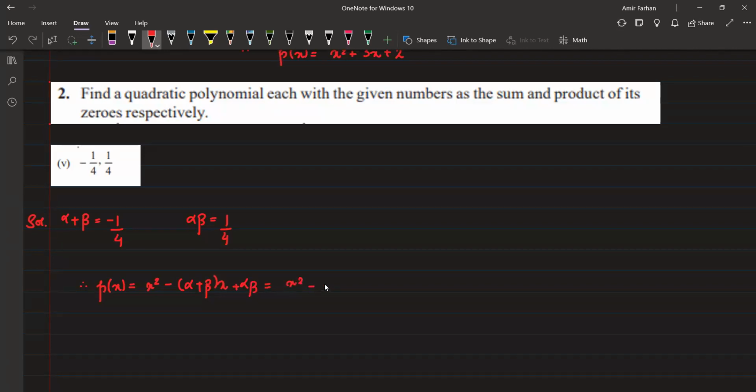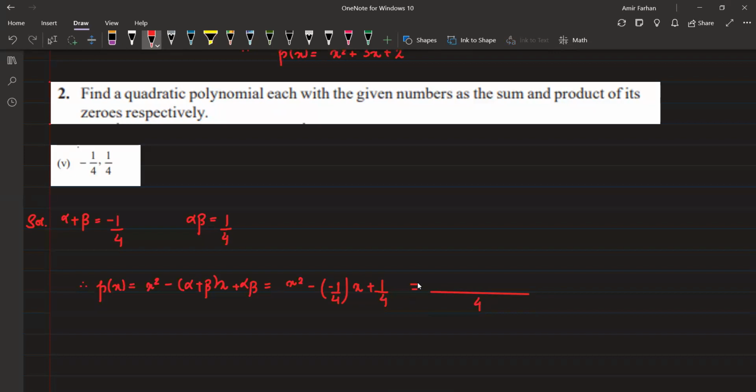X square, negative of negative 1 by 4, into x plus of 1 by 4. Clear? Yes, sir. So as you can see, 4 is the common denominator, so you will take 4 as the LCM.